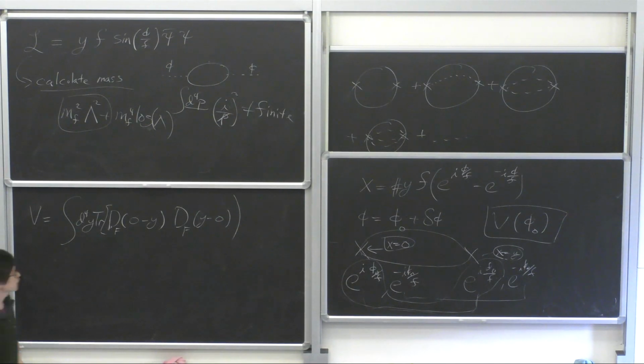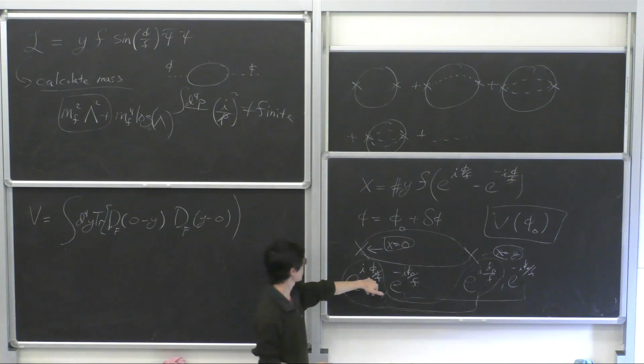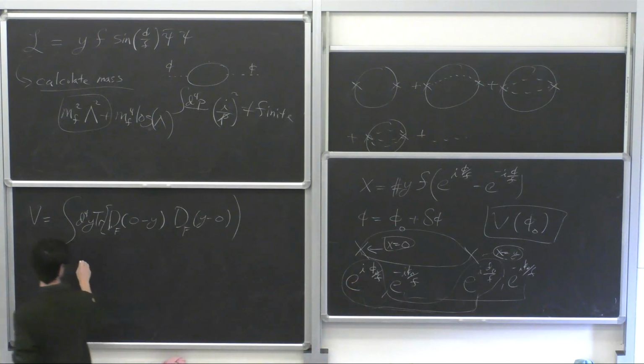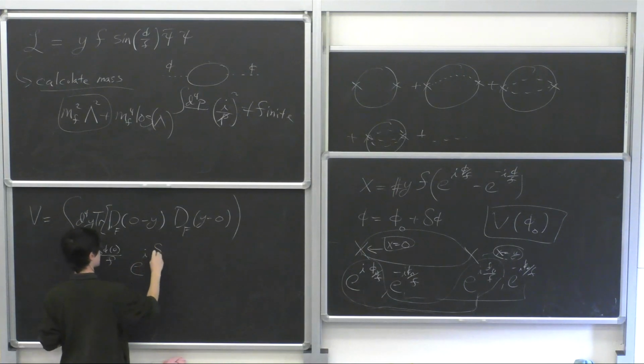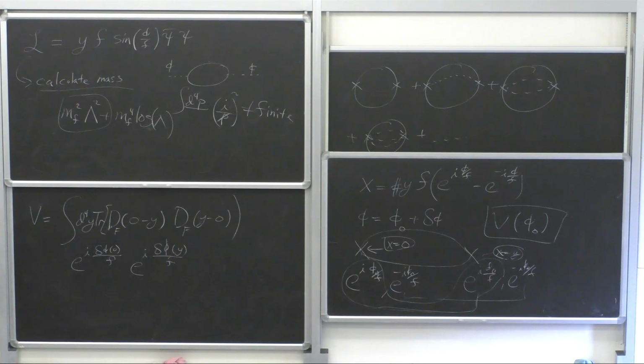And then, look here, I have e to the I delta phi at 0 over f, and e to the I delta phi at y over f. And I'm going to do all the Wick contractions here.